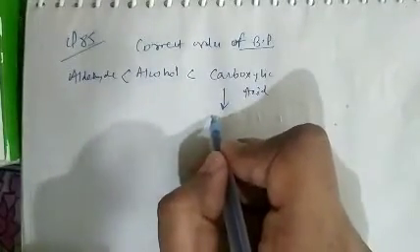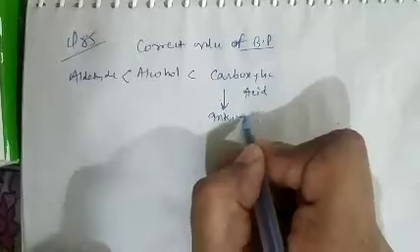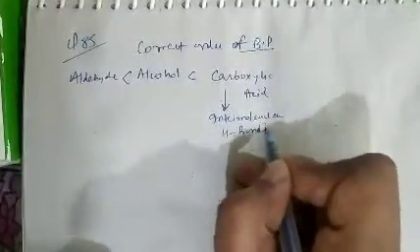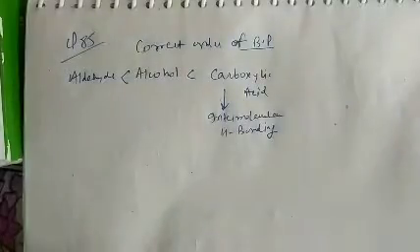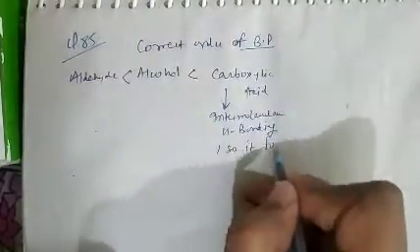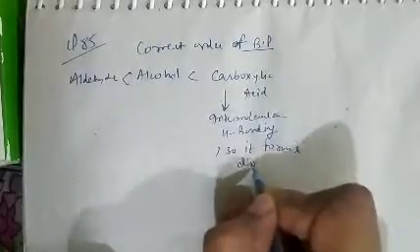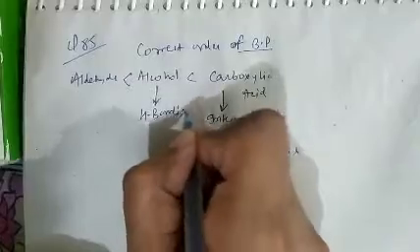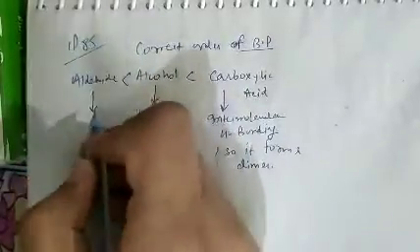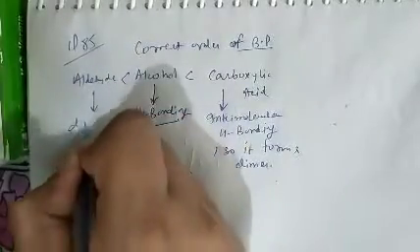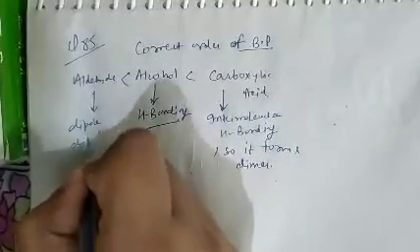in carboxylic acid there is intermolecular hydrogen bonding, so it also forms dimers. In alcohol there is also hydrogen bonding, but it does not form dimers. And in case of aldehyde, they have only dipole-dipole interaction.